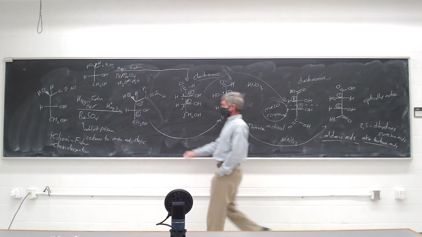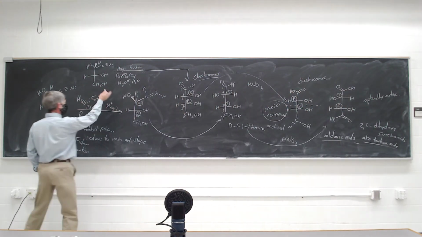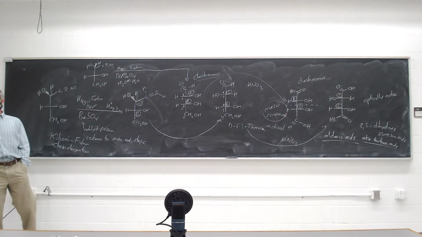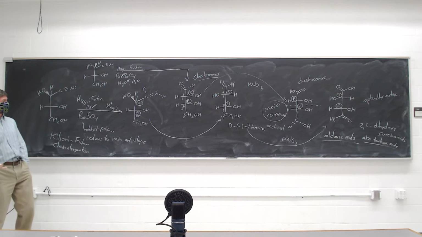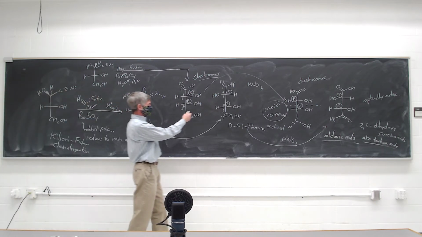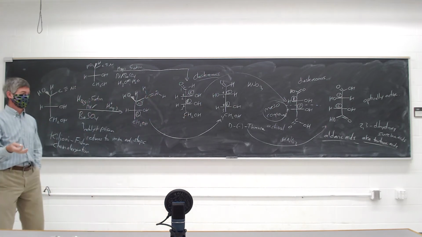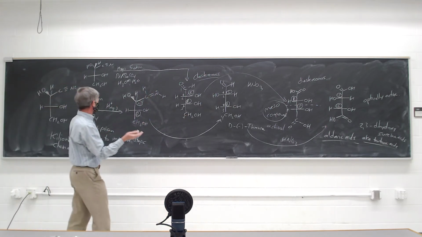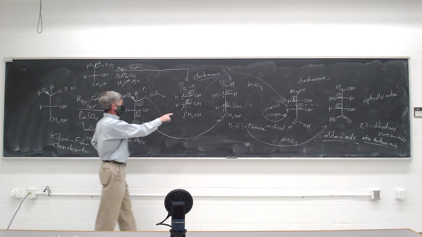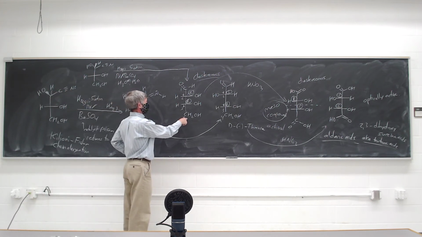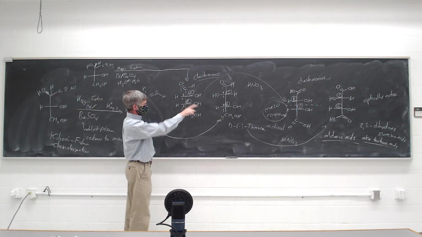So by doing the Kiliani-Fischer chain extension to add that additional chiral center and lengthen it from a 3-carbon sugar to a 4-carbon sugar, oxidizing with nitric acid to make the dicarboxylic acid, and then measuring the optical rotation, the one that came from this aldehyde is going to be optically inactive.